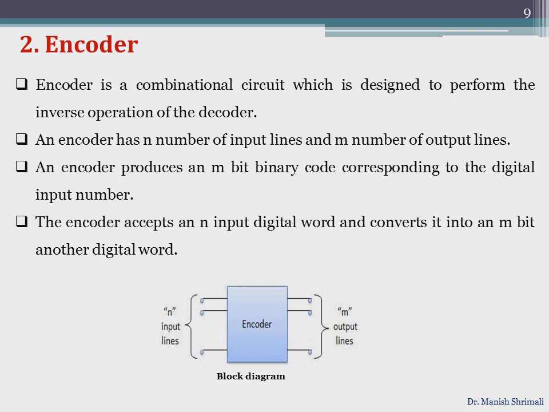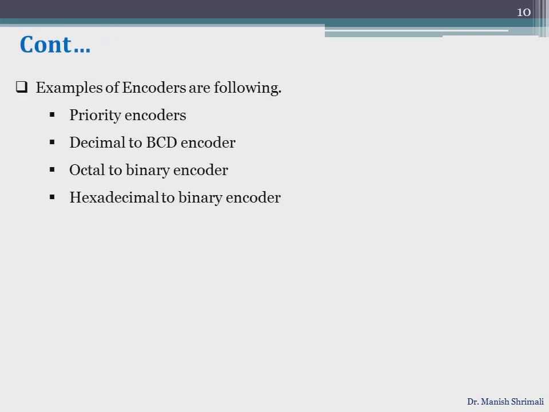This is the block diagram of the encoder, in which we have n input lines and m output lines, which will be more clear in our next slides. These are the examples of encoders: priority encoders, decimal to BCD encoder, octal to binary encoder, and hexadecimal to binary encoder.